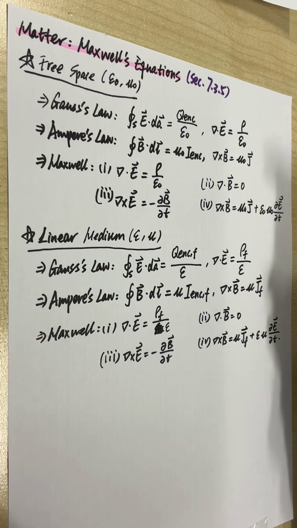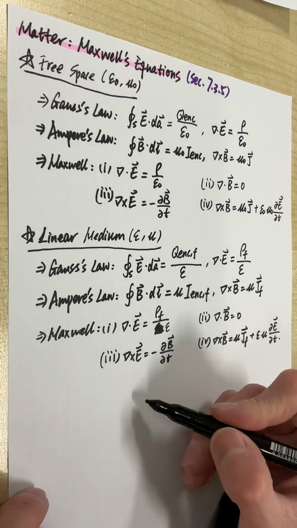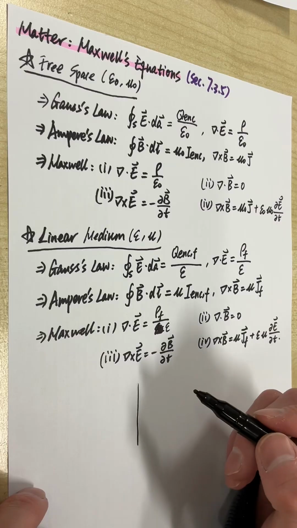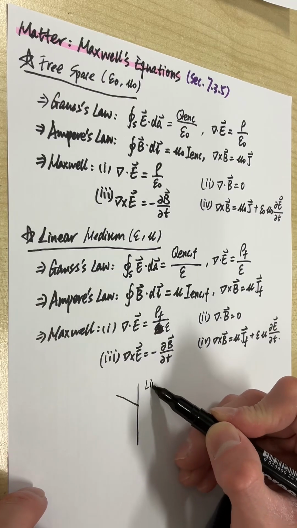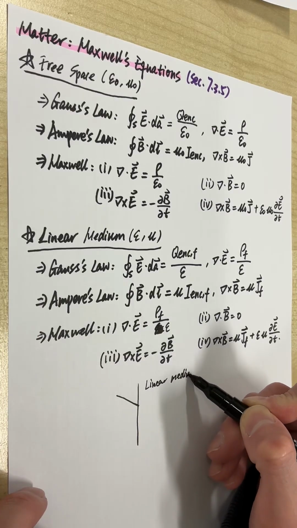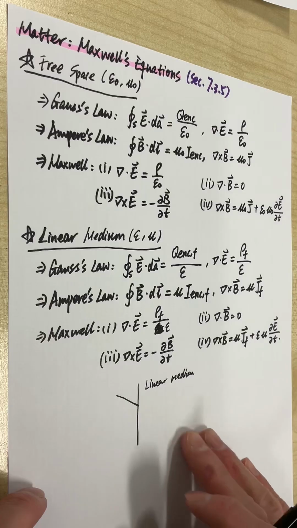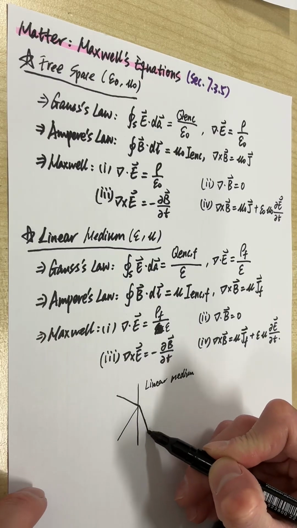So this looks very straightforward, but this is actually very important because when we have an electromagnetic wave going from free space to a medium, or from one medium to another medium, there will be reflection and there will be refraction, transmission.